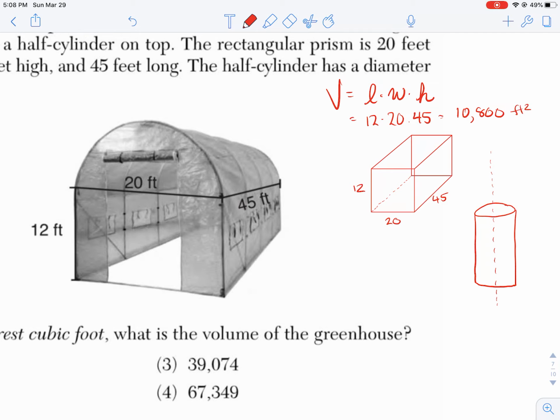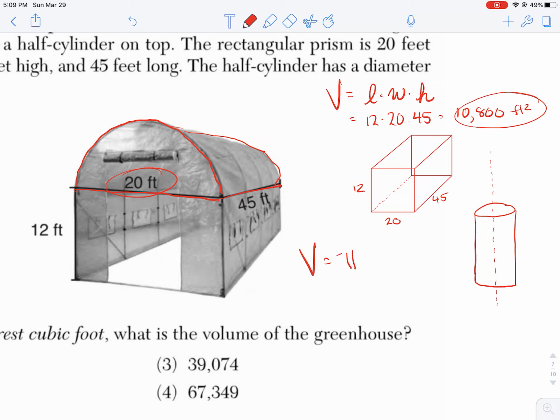You should get 10,800 feet cubed. That is the volume of the rectangular prism. Now we need to find the volume of the cylinder and then divide it by 2.